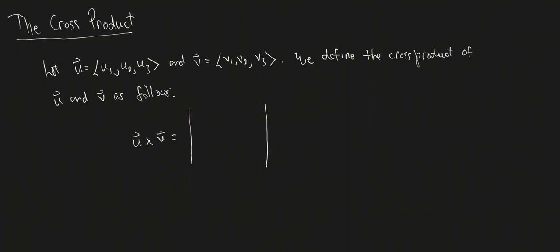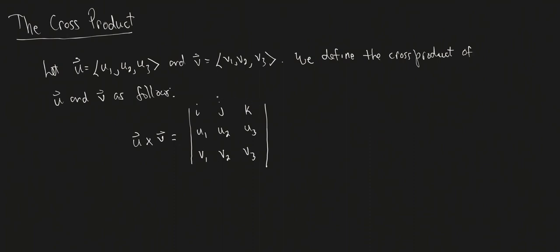So to find the cross product of these two vectors in this order, U cross V, put the standard unit vectors in R3 in the first row, put the components of U in the second row, so U1, U2, U3, and then put the components of V in the third row, V1, V2, V3.